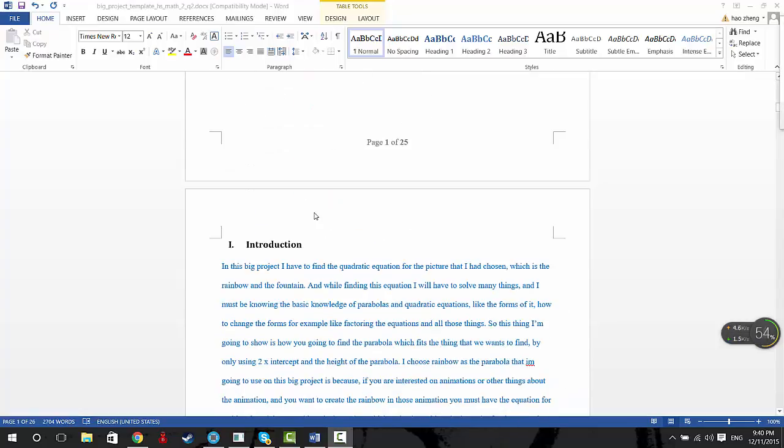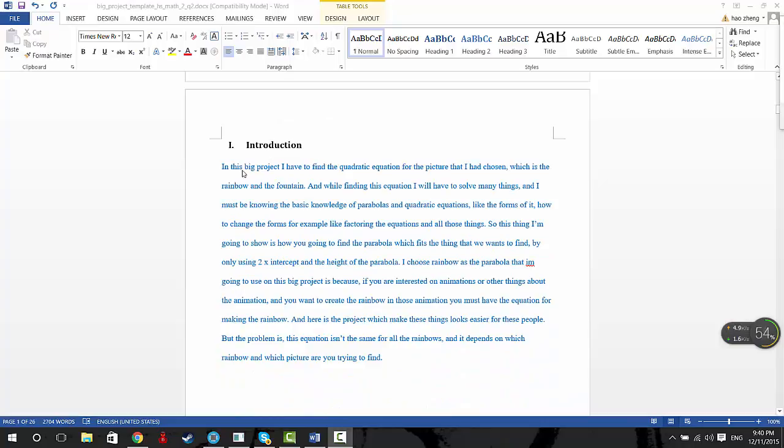and here's an introduction. In this big project, I have to find the quadratic equation for the picture that I have chosen, which is the rainbow and the fountain.